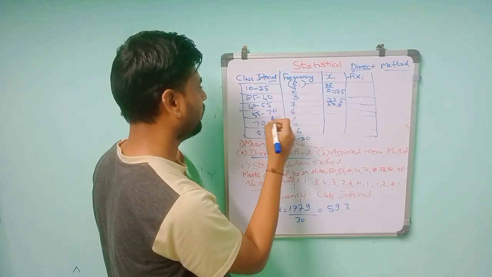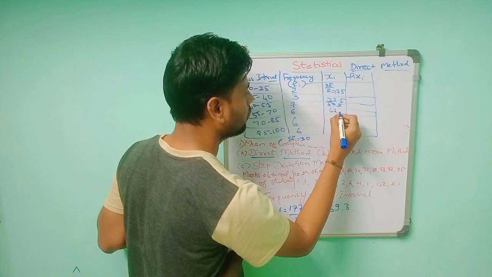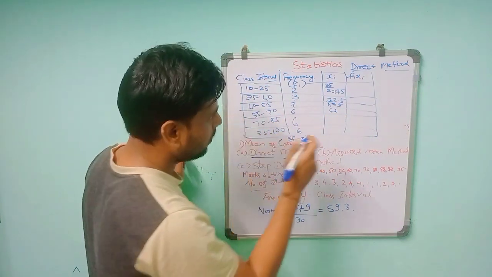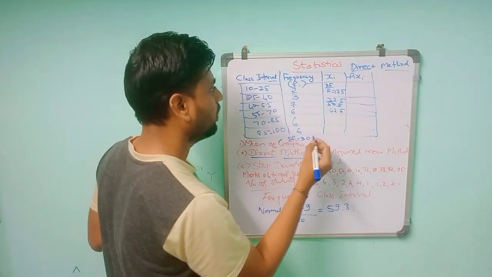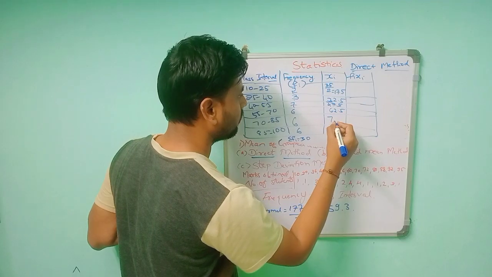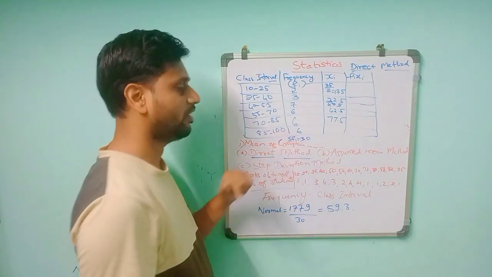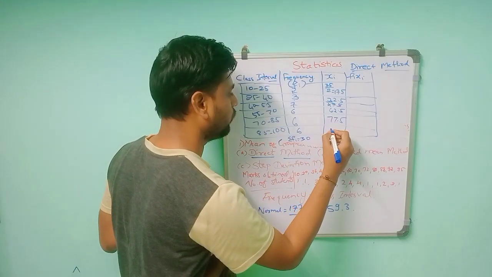Then 55 to 70: it is 125, so 62.5. Then for 70 to 85 it is 155, so 77.5. Then 85 to 100: it is 185, so 92.5.